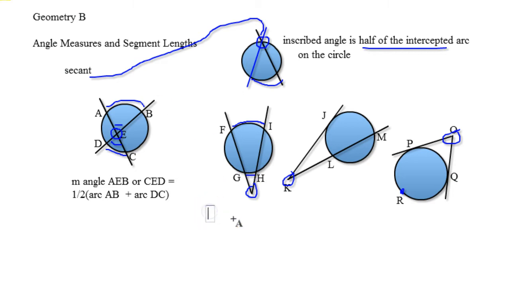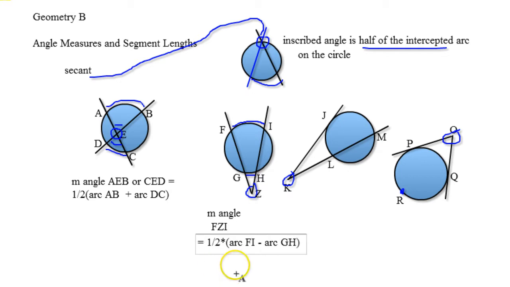So for this one right here, the measure of angle, and I should probably put a letter on there, let's put capital Z. So the measurement of angle FZI is going to be equal to 1/2 times arc FI minus arc GH.